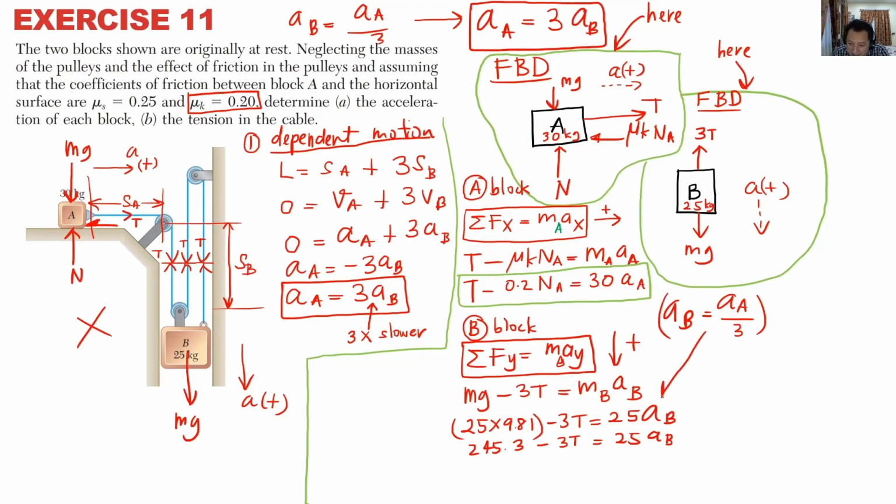Can you replace this thing here? So if you replace, you're going to see AA divided by 3. Your now equations become 25 bahagi 3. 8.33, so no choice lah. This one becomes 8.33 AA minus 3T, 245.3.